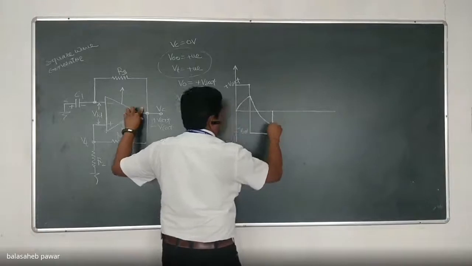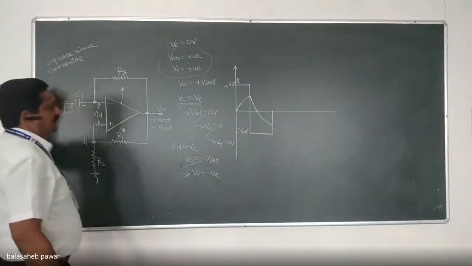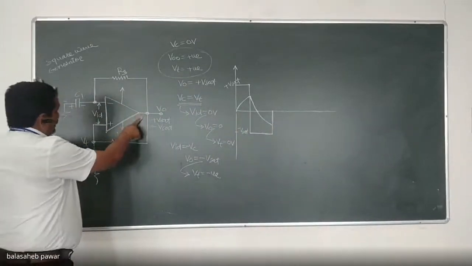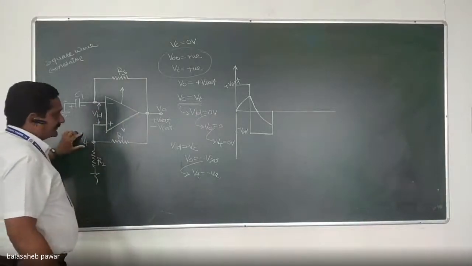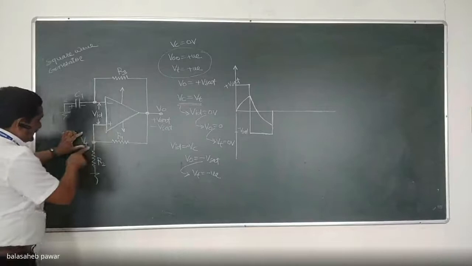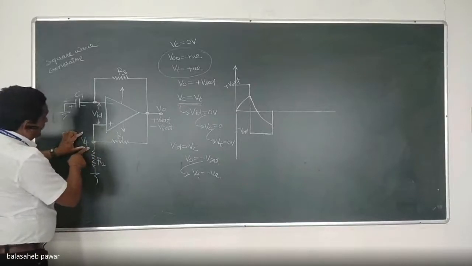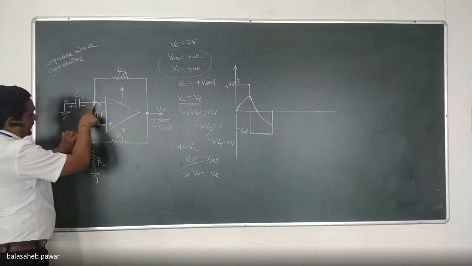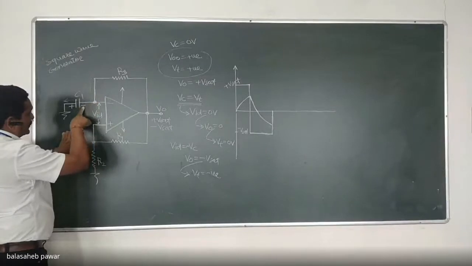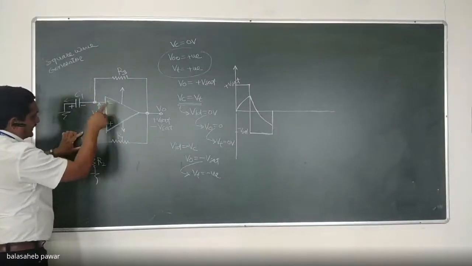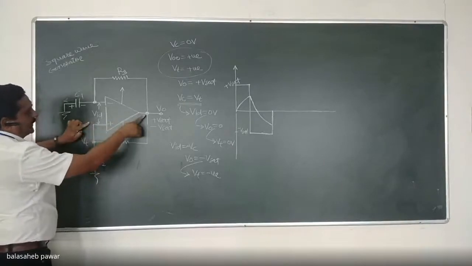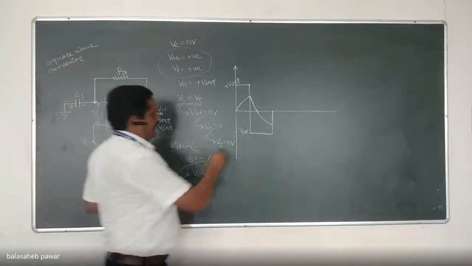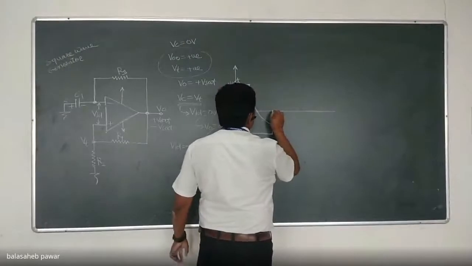VO will become 0. Correct. When VO becomes 0, see what is going to happen: VT will be 0. Right. Now VT is 0, while the potential at the inverting terminal, that is the voltage stored by the capacitor, is negative. That's why this 0 volt will be dominant, and hence the output of the op-amp will get forced to plus Vsat. Like this.